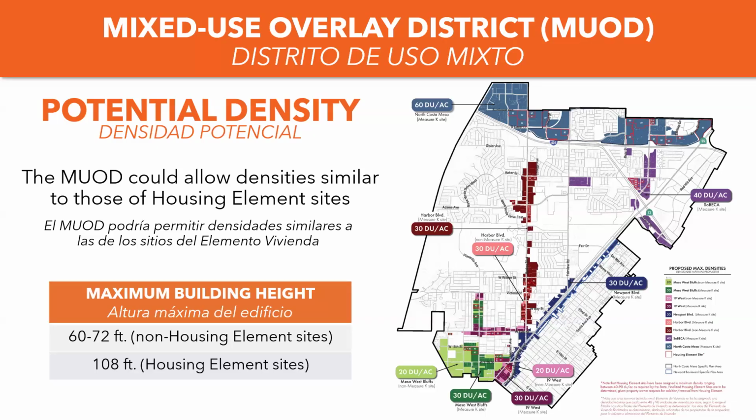But note that housing element sites have their own set density. These were established as part of the housing element process back in 2022, as a way to comply with state law. And as Michelle mentioned earlier, a finalized list of housing element sites is still pending. But regardless of density, the MUD will allow a maximum building height of either 72 feet for non-housing element sites or 108 feet for housing element sites. Next.